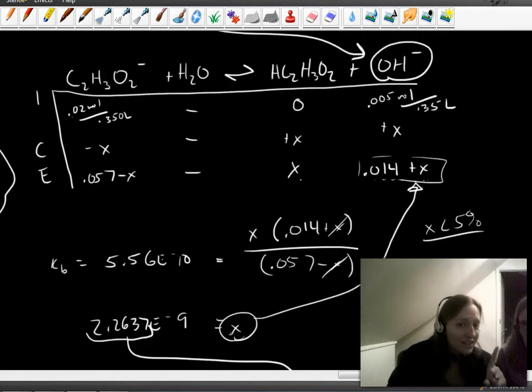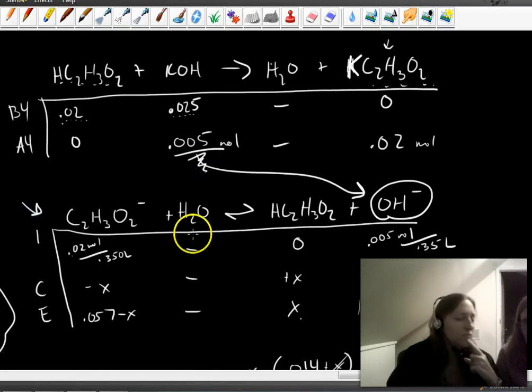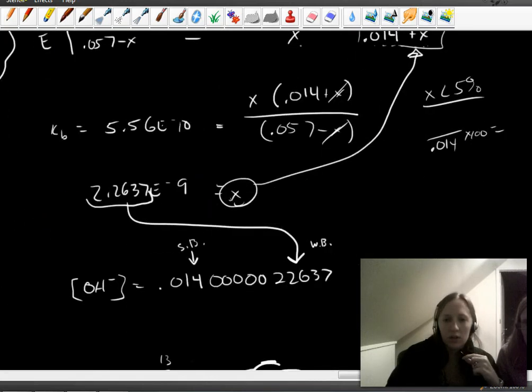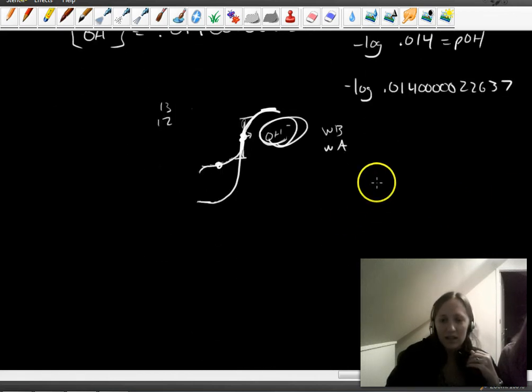If you notice this, you don't have to do that. You can just take the negative log of 0.014 to get your pOH, instead of bothering to do the negative log of 0.01400002267. If you do both, it's kind of funny.